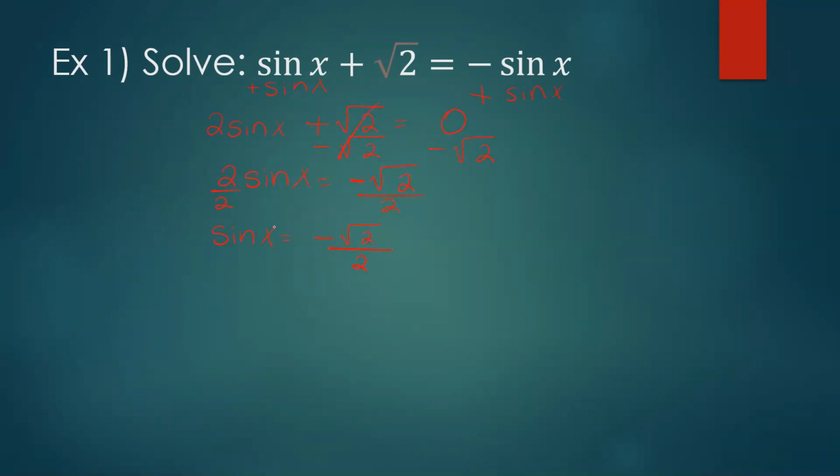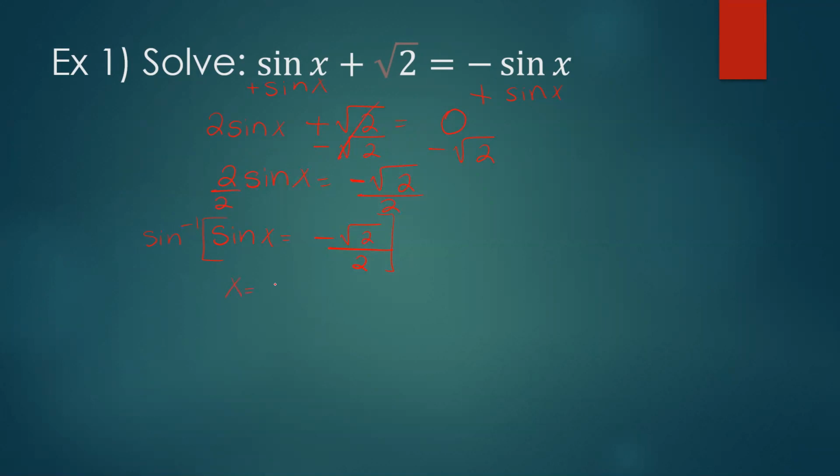Or, even though I didn't talk about inverse, to get x by itself you can take the inverse sine of both sides. On the left side, sine and inverse sine cancel, so you're just left with x.